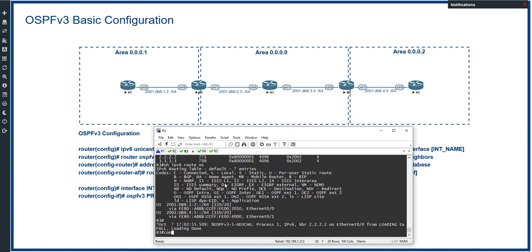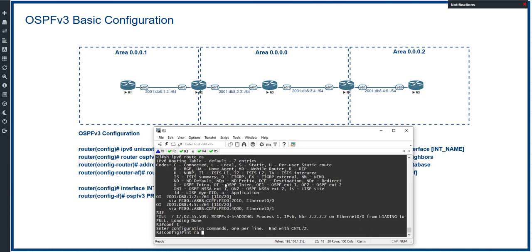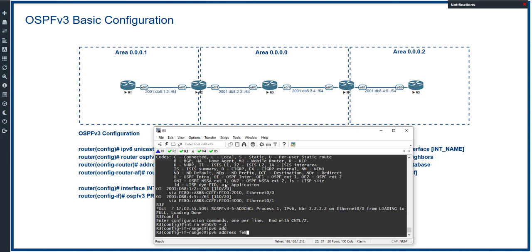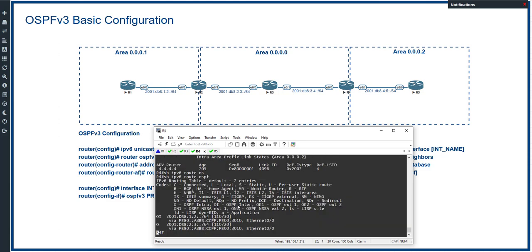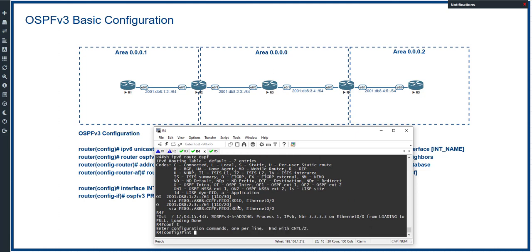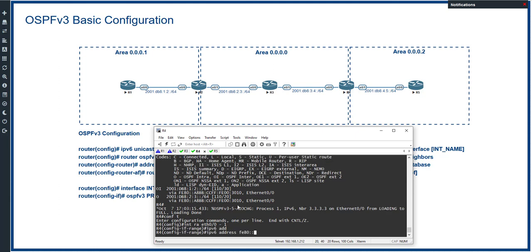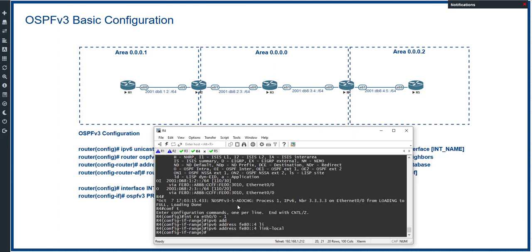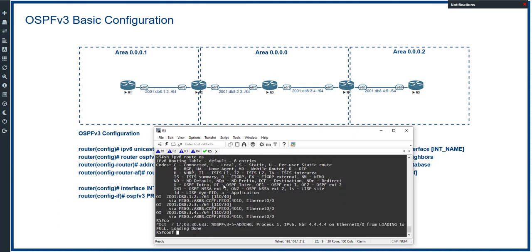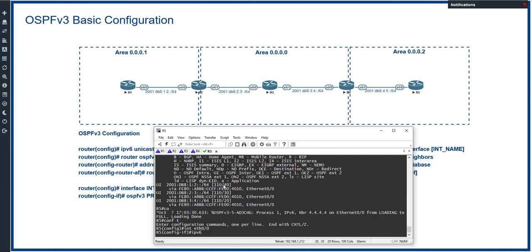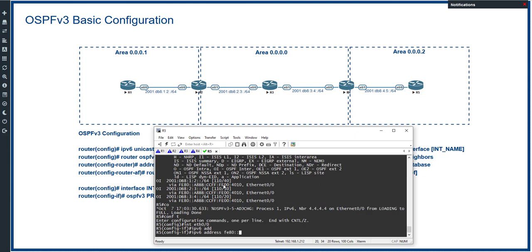After that, in router 3, conf t, interface range ETH0/0 to 1, ipv6 address FE80::3 link-local. And finally, in router 4, conf t, interface range ETH0/0 to 1, ipv6 address FE80::4 link-local. And we also have router 5: conf t, interface ETH0/0, ipv6 address FE80::5 link-local.